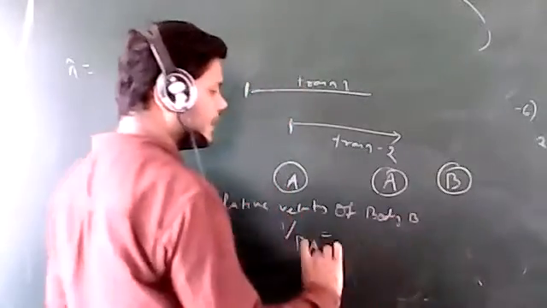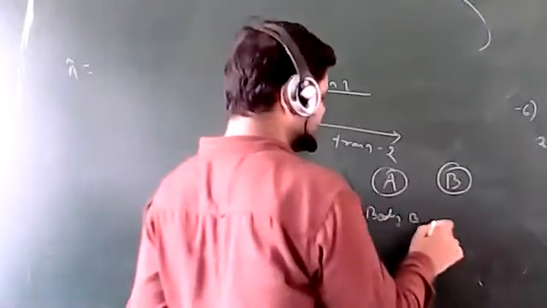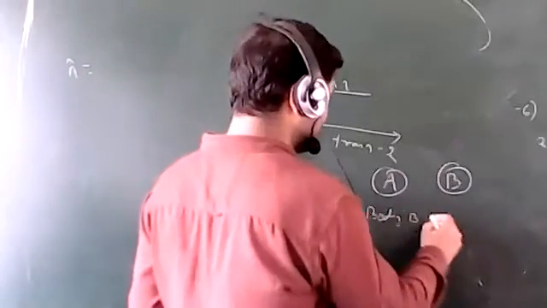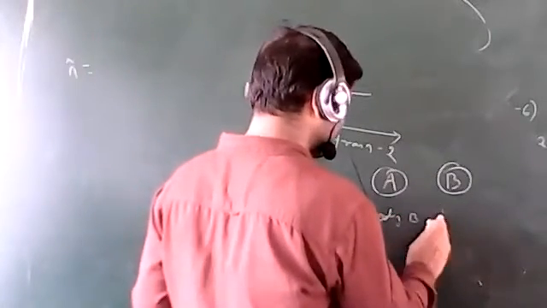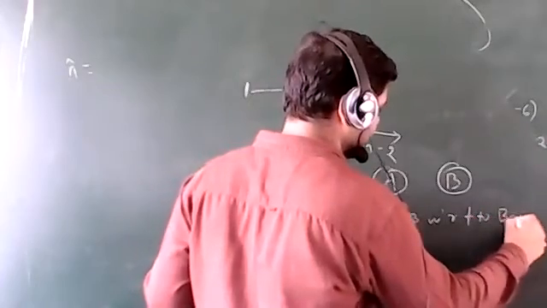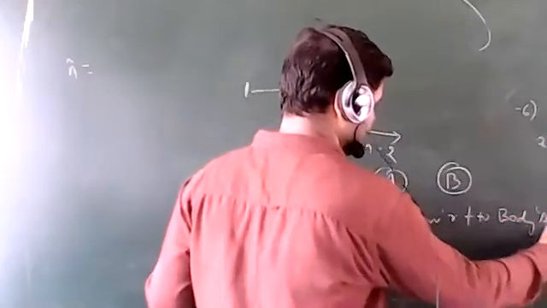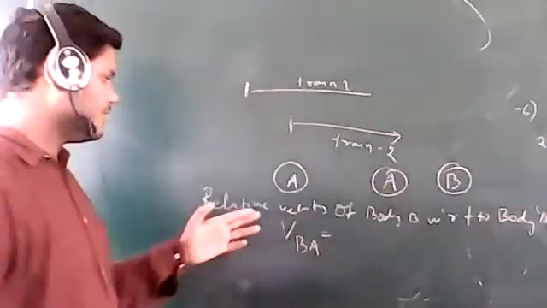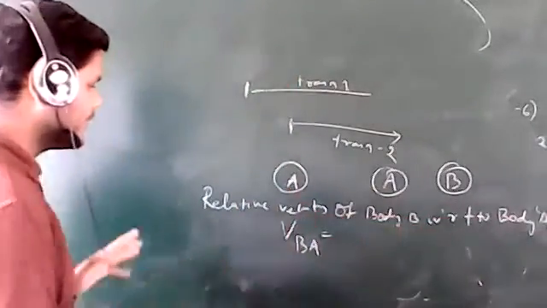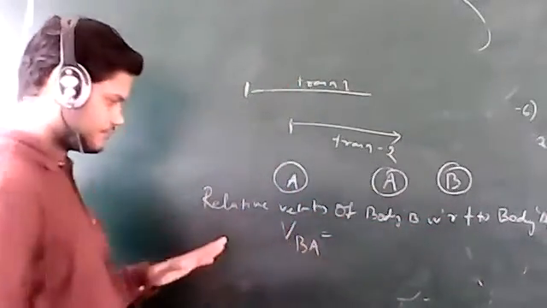If body B and body A are moving, you can consider trains also. The relative velocity of body B with respect to body A can be written as VBA.